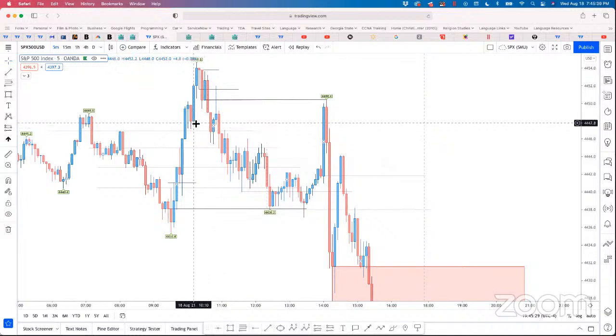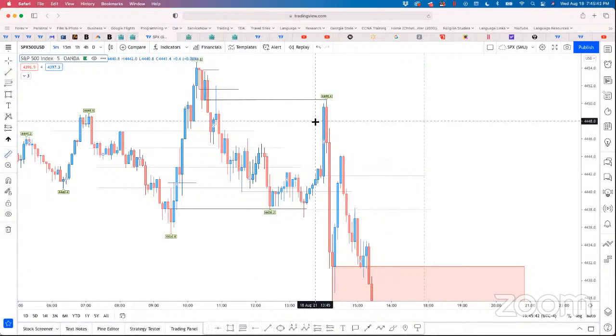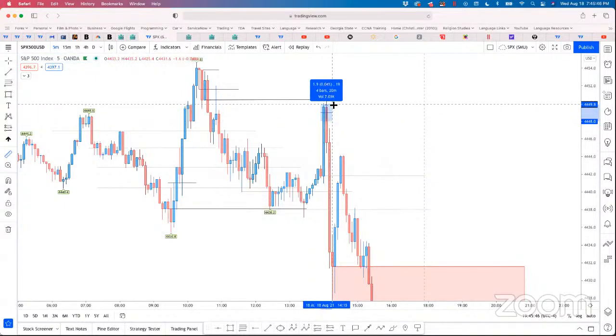You could have got in right here. You would have been cool. You would have gone in a little drawdown, but not a lot. You could have used this as your small order. You would have been 25 pips in drawdown.